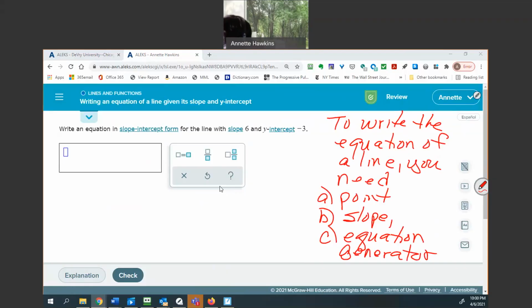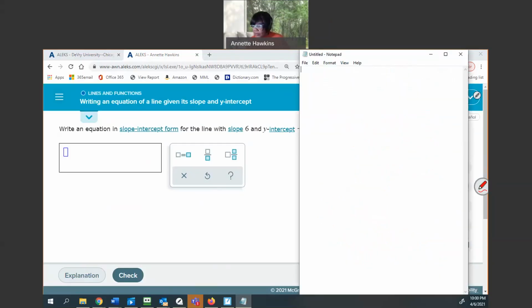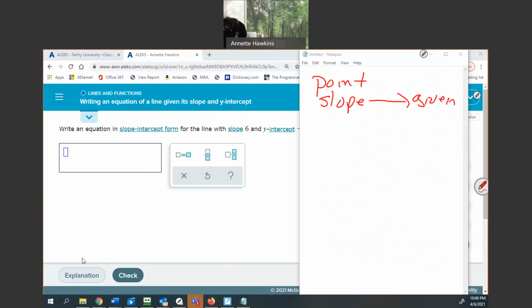So let's talk about these, okay? I need some more space. So we need the point, you need the slope, and the slope needs to be given to you, or you must find it. And then you need an equation generator.